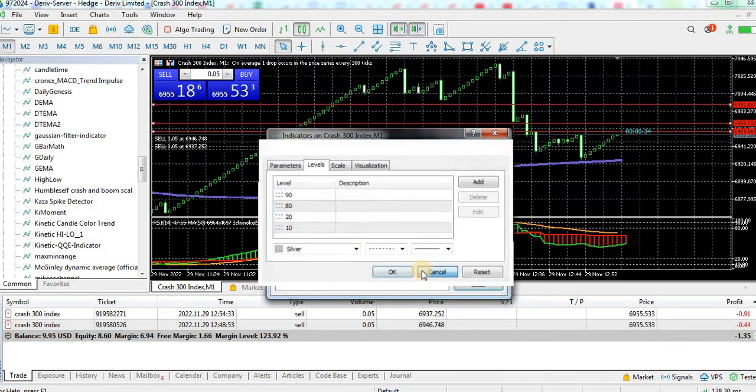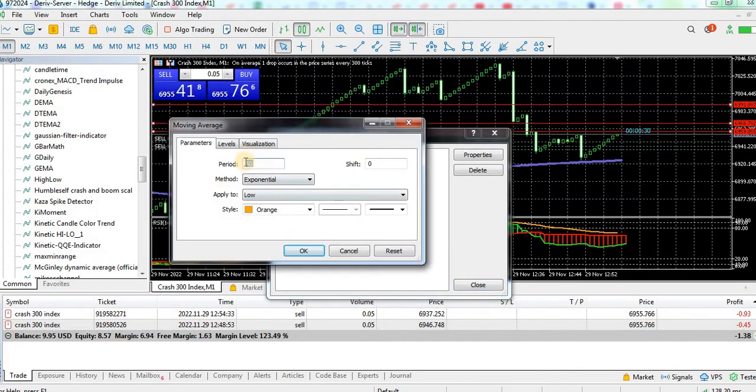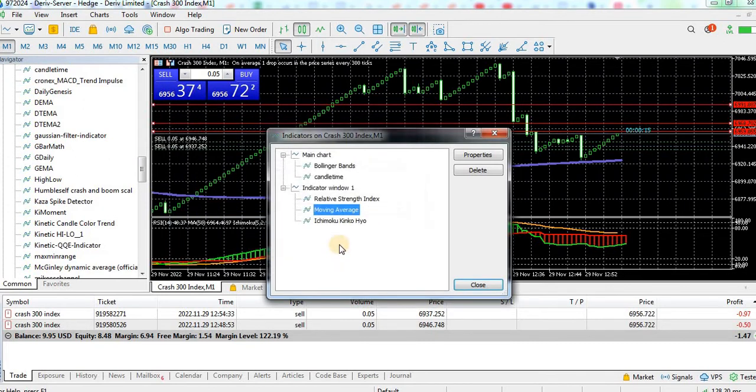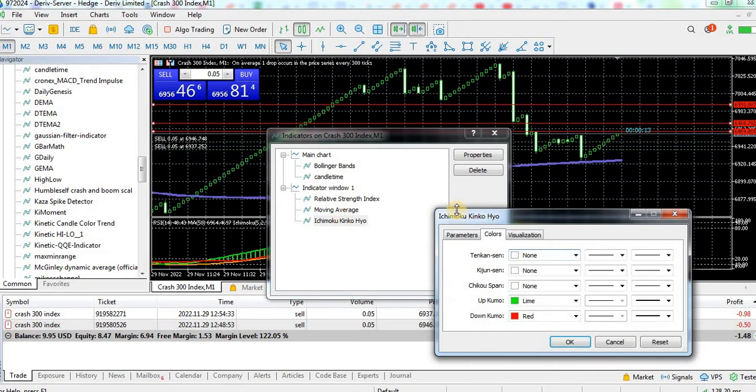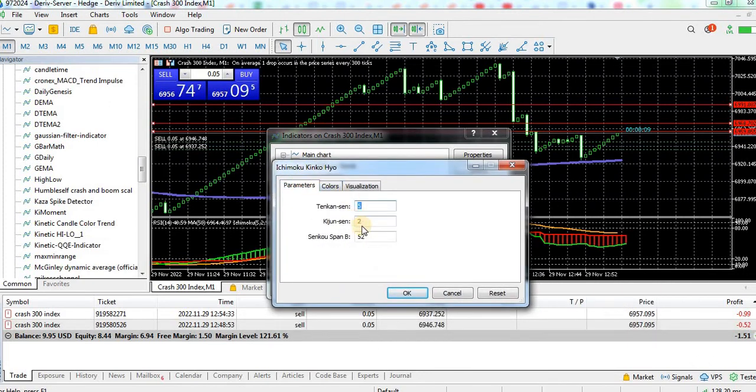That is that. Then I have a moving average here. We have 50 moving average, shift 0, exponential, apply to low, not close. Then pick orange, or you can pick any color you want. Then on Ichimoku, I'm going to put Ichimoku here. I use 5, 2, 5, 2.